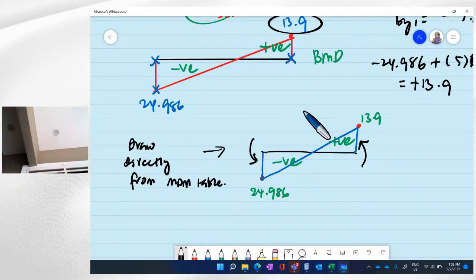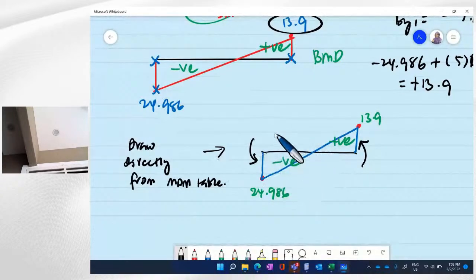So we get the same BMD between this and this. This is the shortcut where we can draw the BMD directly by using the sign that we get from the table. Okay, this is for AB.